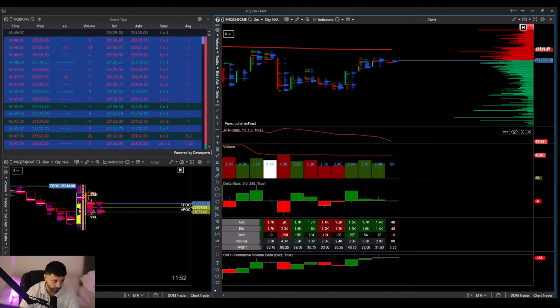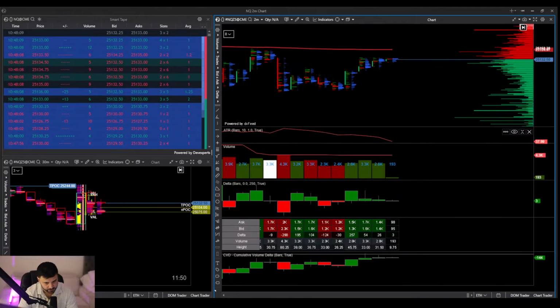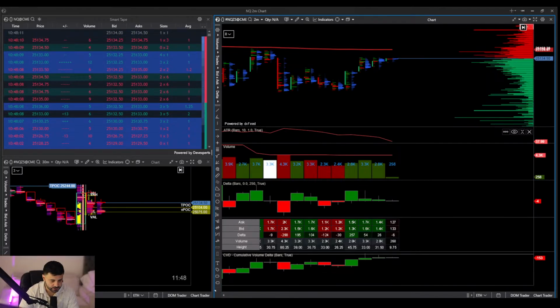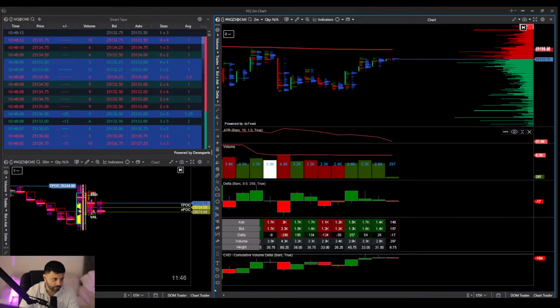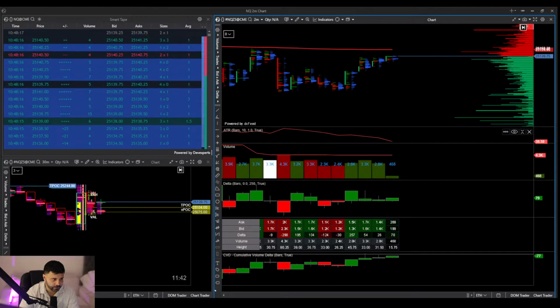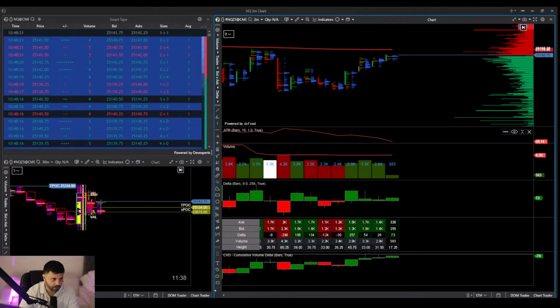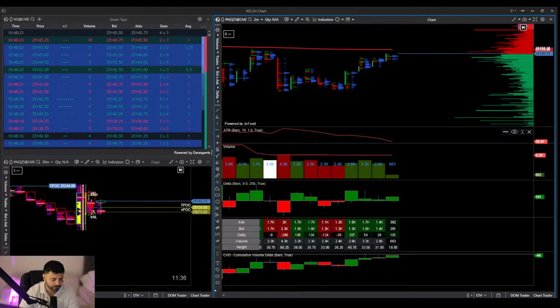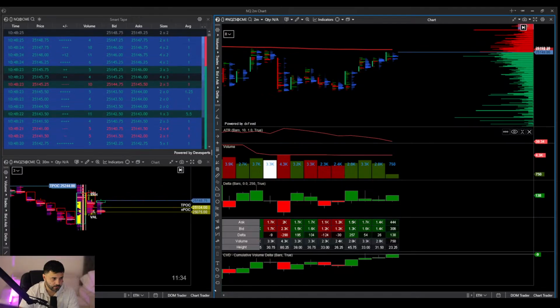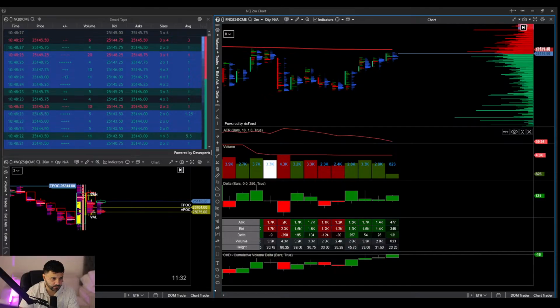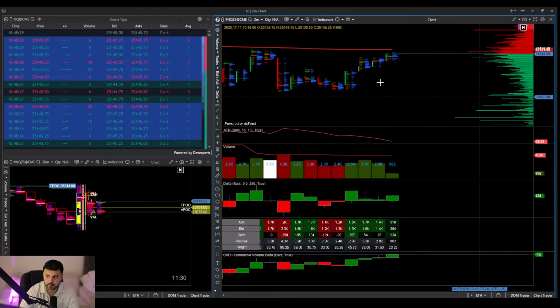So if you have a good support level, that increases the odds a lot more. So that's why I tend to be on the long side until my bear market trigger confirms. That's when I'll start being more 50-50 on the trades.